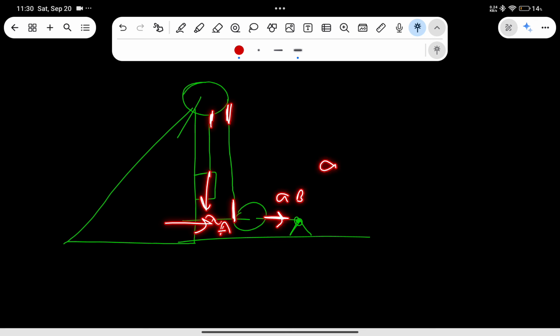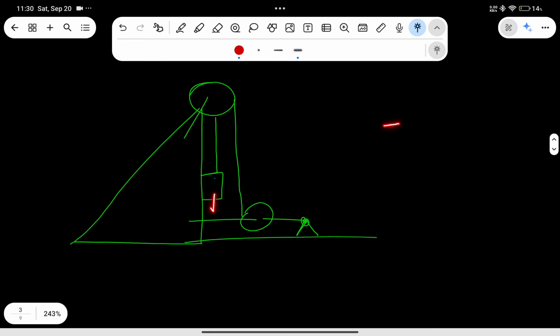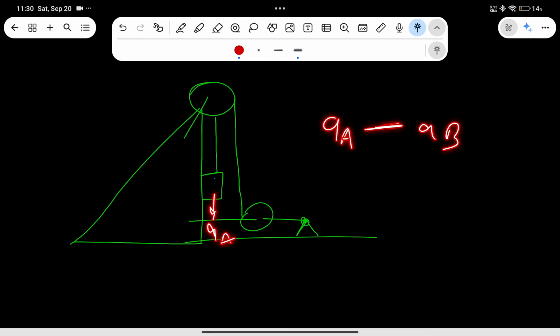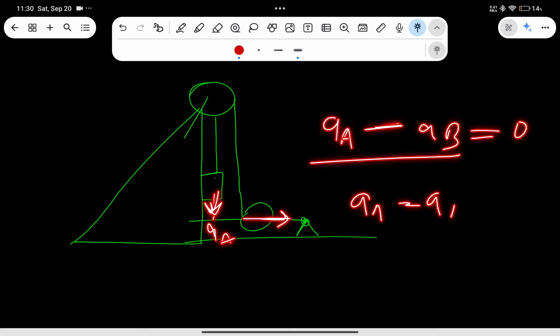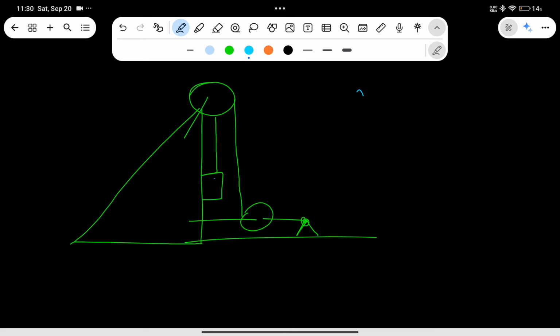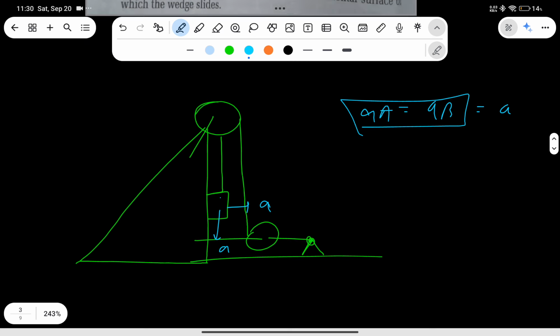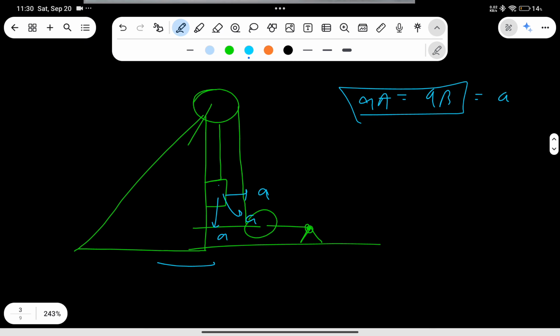Let's say AB. So AA minus AB, because its contribution is negative, expanding the length, will become equal to 0, so AA is equal to AB. By this constraint motion, both accelerations will be equal to A. It is moving downward, it is moving here, so the net acceleration will be in this direction.